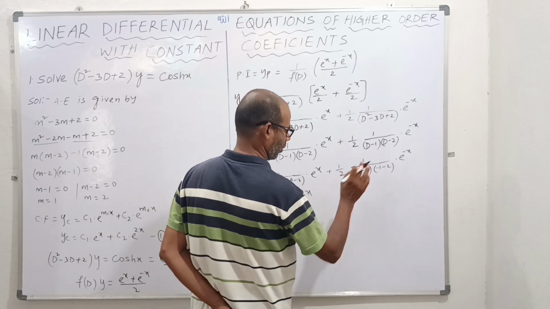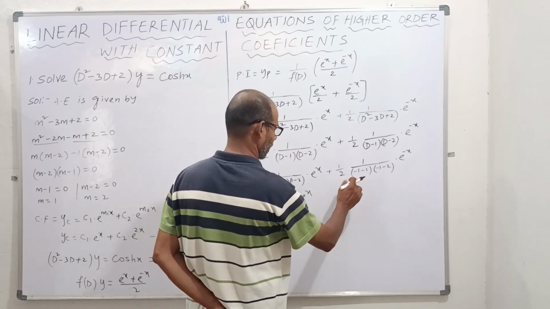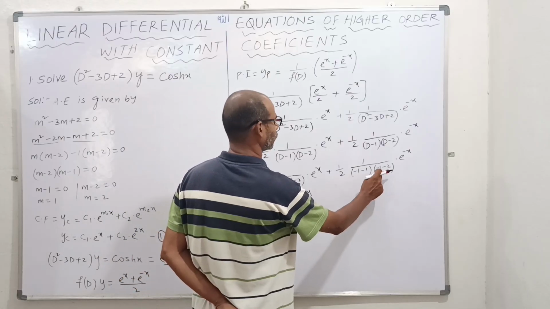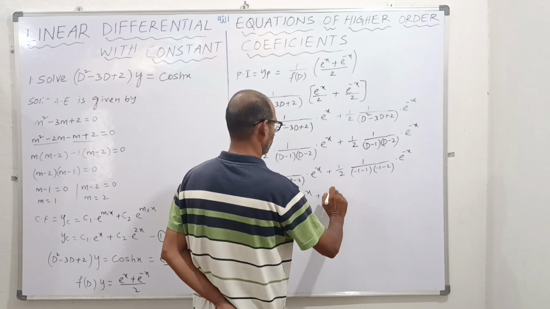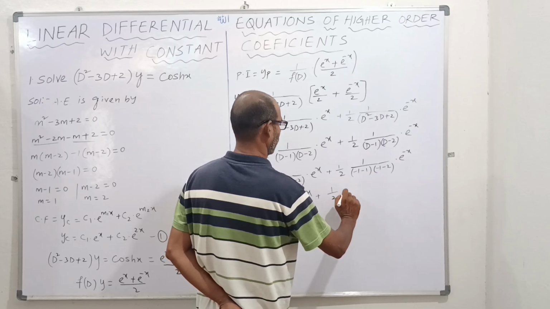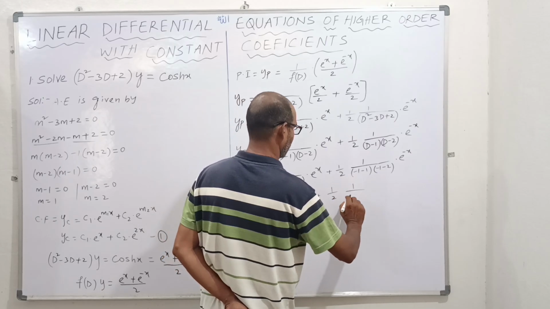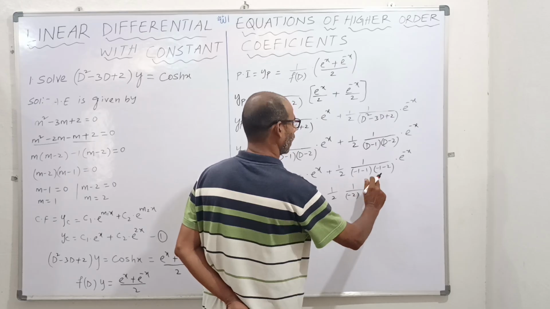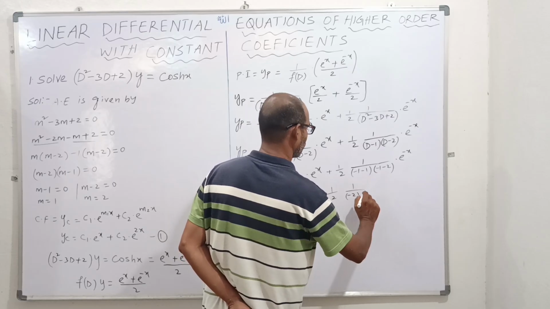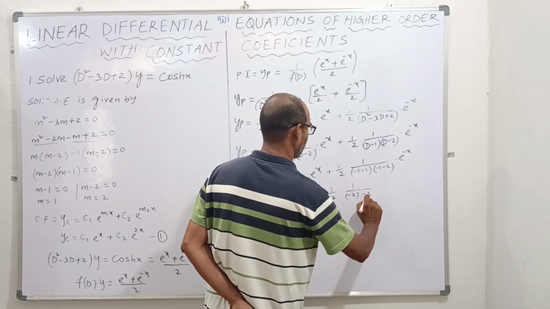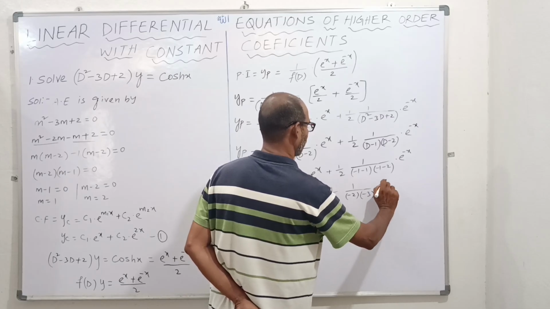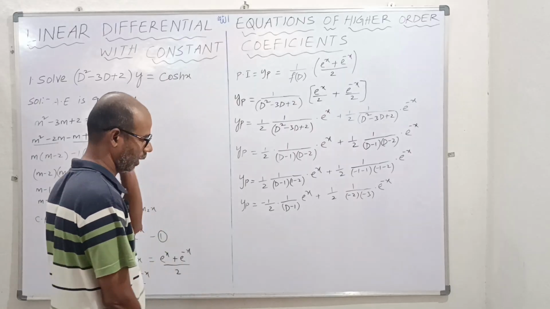Now this we have got already. So minus 1 minus 2 is minus 2. So 1 upon 2 into 1 upon, this is minus 1 minus 1, so minus 2 times minus 1 minus 2 is minus, into e power, right?